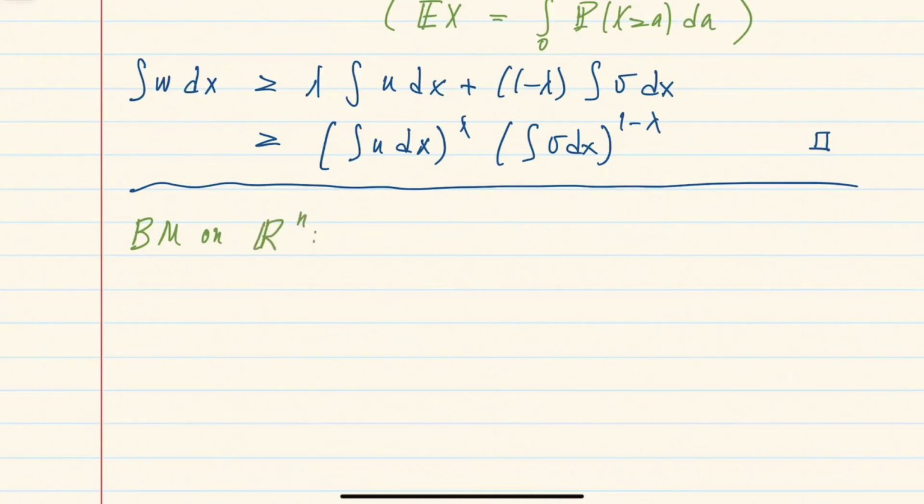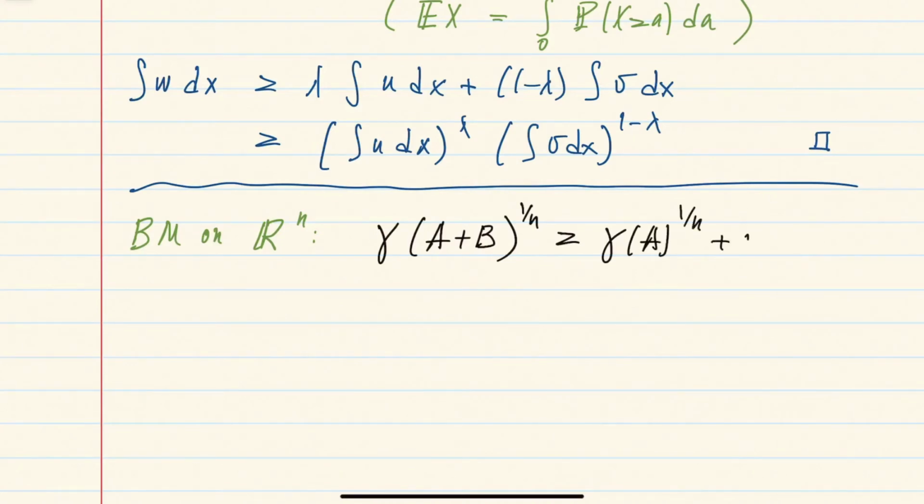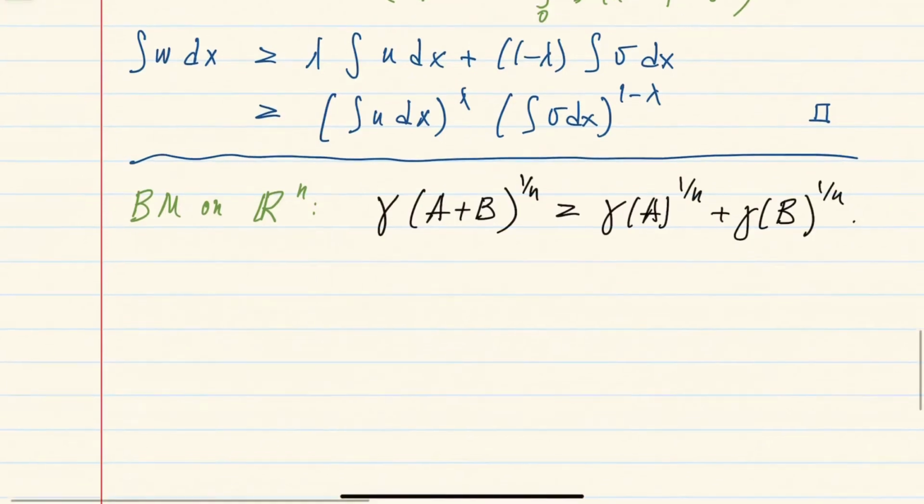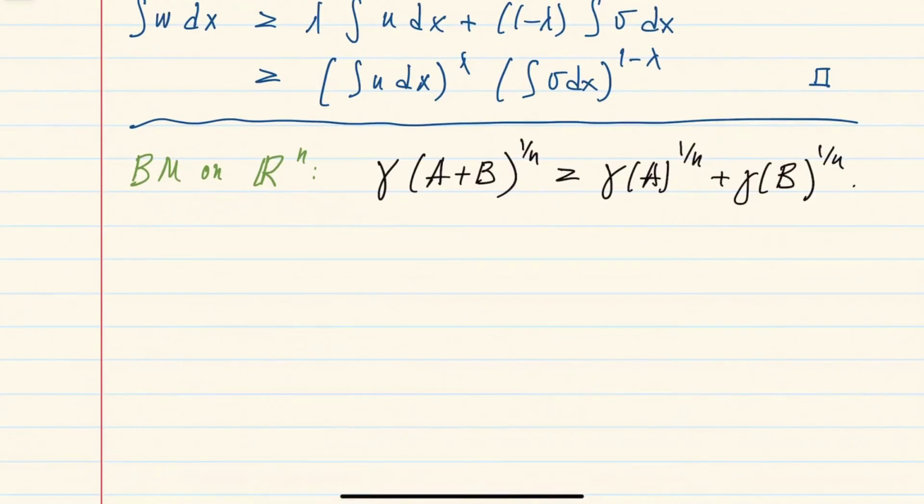Now there is an extension of this inequality to R^n, which says that the Lebesgue measure gamma on R^n of A plus B, so it's an n-dimensional volume, if you take it to the power 1 over n, then you have the same inequality. It's greater than gamma of A to 1 over n plus gamma of B to 1 over n. Okay, so you have this relationship between volumes of the sum of two sets and the volumes of those sets, and you can prove this using Prekopa-Leindler just by taking indicators of the sets, which is left as an exercise.